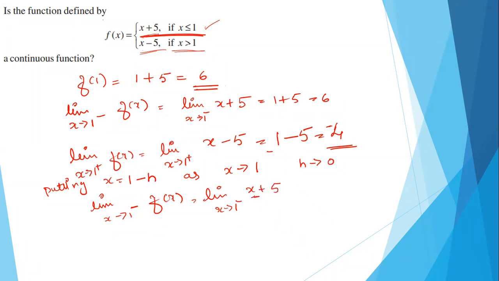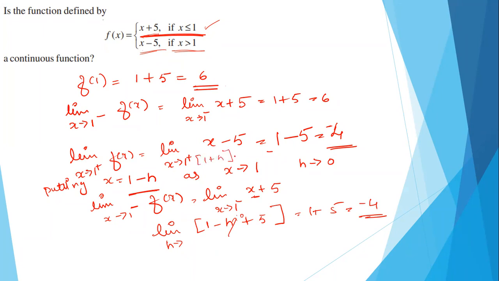So replace x with 1 minus h. So limit h tending to 0. Wherever there is x, replace by 1 minus h. 1 minus h plus 5. So here h tends to 0. So 1 minus 5, that will be minus 4. For right hand limit, you have to replace it with 1 plus h. Same thing you get. Here 1 plus h plus 5. So h will tend to 0.